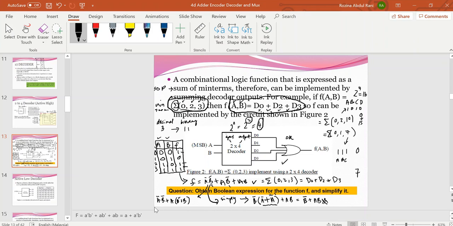So b bar plus b is equal to 1. So we can have a bar dot b bar plus a. So there are two ways we can simplify this Boolean expression, Boolean function.